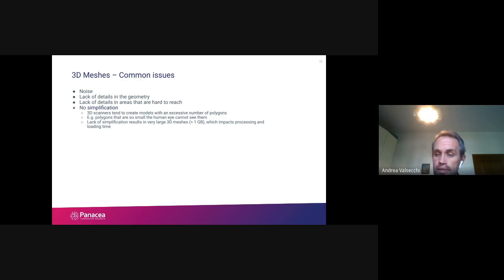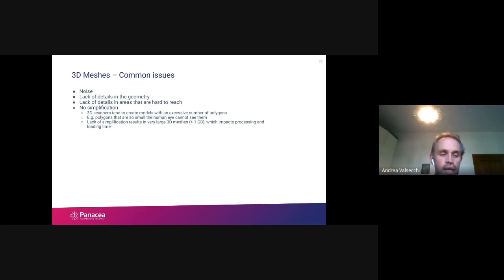They are not actual details that you can see in the object. So you are wasting a lot of time waiting for your program to load these very big files that you're given, and they don't really contain any useful information. So sometimes you need to simplify the meshes.